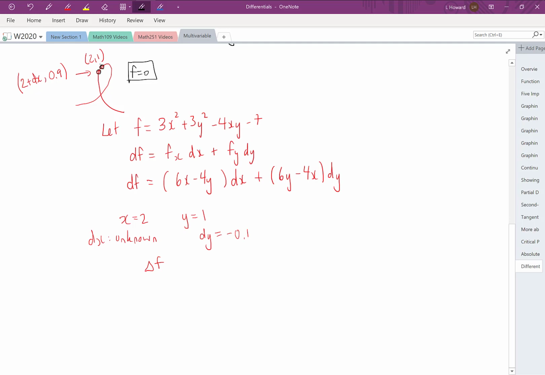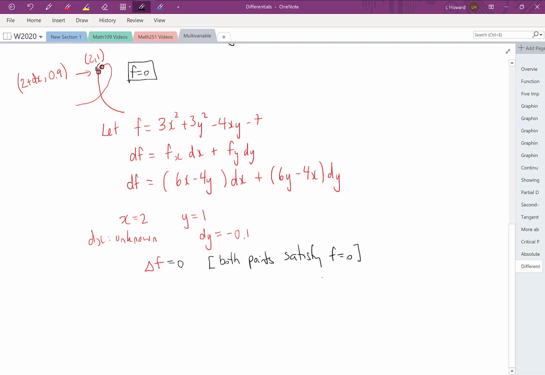So as we move from this point to that point, f is going from 0 to 0, and the actual change in f is 0. Okay, we can say in brackets here, both points satisfy f equals 0, just because they lie on the curve.